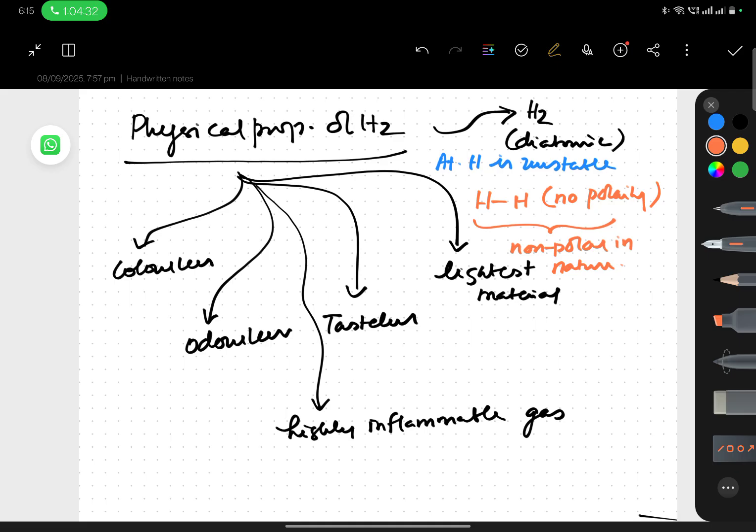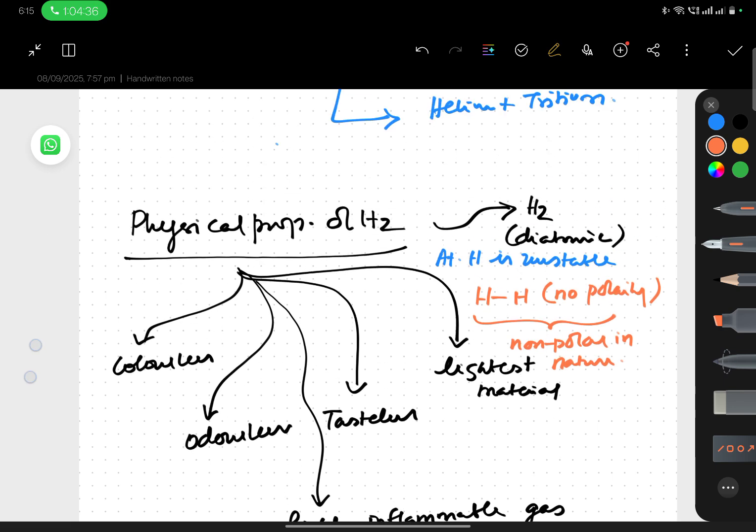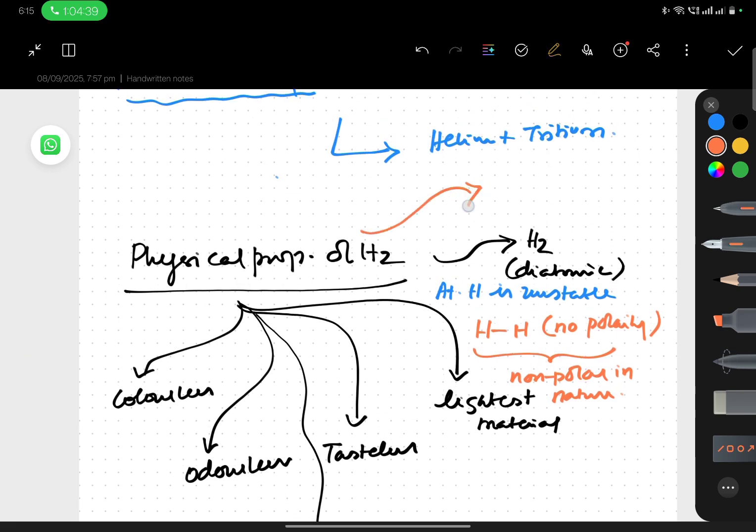And hydrogen is a very good reducing agent. All those things we have already seen. And please make a note. Hydrogen can be easily liquefied. So it is a highly liquefiable gas.